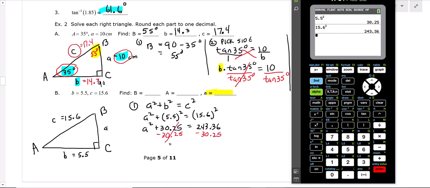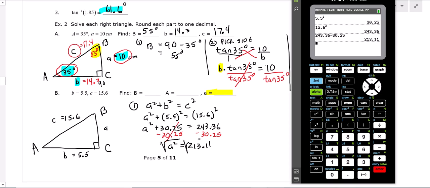That's going to give A squared, and I'll do that on the calculator. I'll take 243.36, subtract 30.25, and record that. So that is 213.11. And what's the last thing I do to get A by itself?